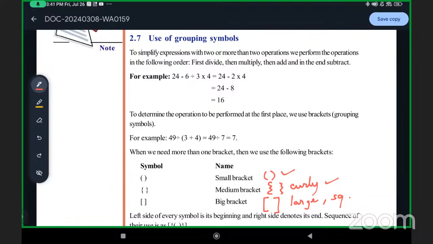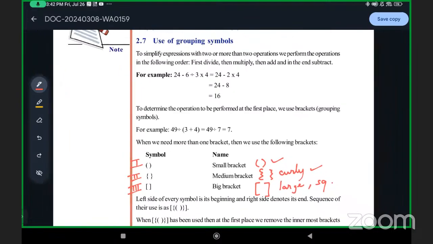That time, the small bracket you solve first. First you solve what is in the small bracket, then you solve what is in the medium bracket, and then at the last you solve what is in the big bracket.